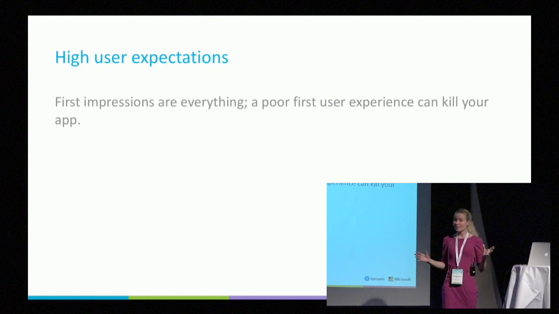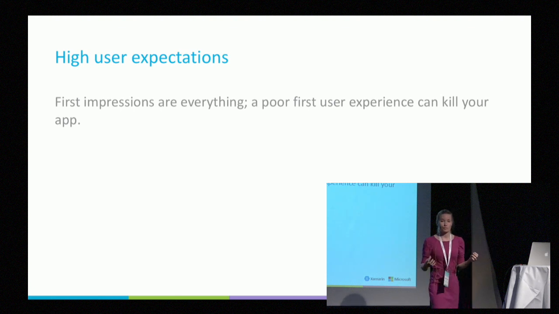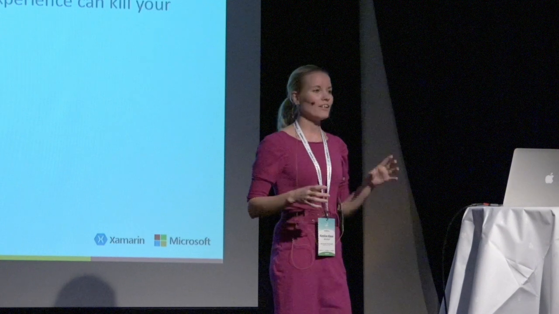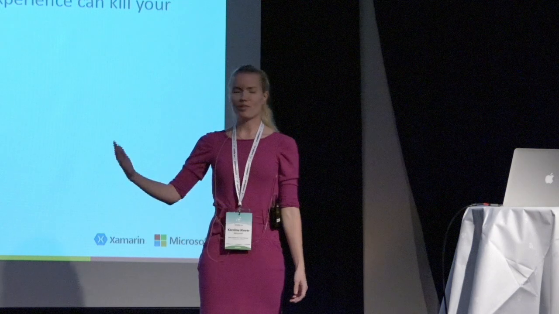There should not be any issues when they're downloading it or installing it or when they're using it for the first time. And if you screw up, you only have one shot. If they are not happy when they try your app, they're not going to use it. They're going to find a different one. They're going to give you a terrible rating.